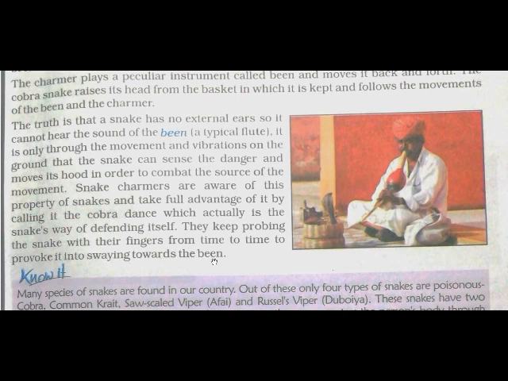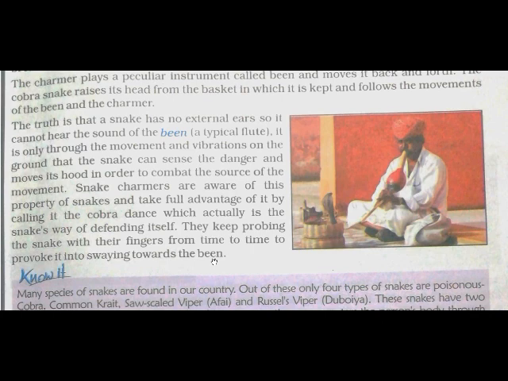So what is the actual truth regarding this, that they play the bean and the snake dances? What is the truth behind this? The truth is that the snake actually doesn't have any external ears. So how do they hear the bean? Actually, they don't hear the bean.